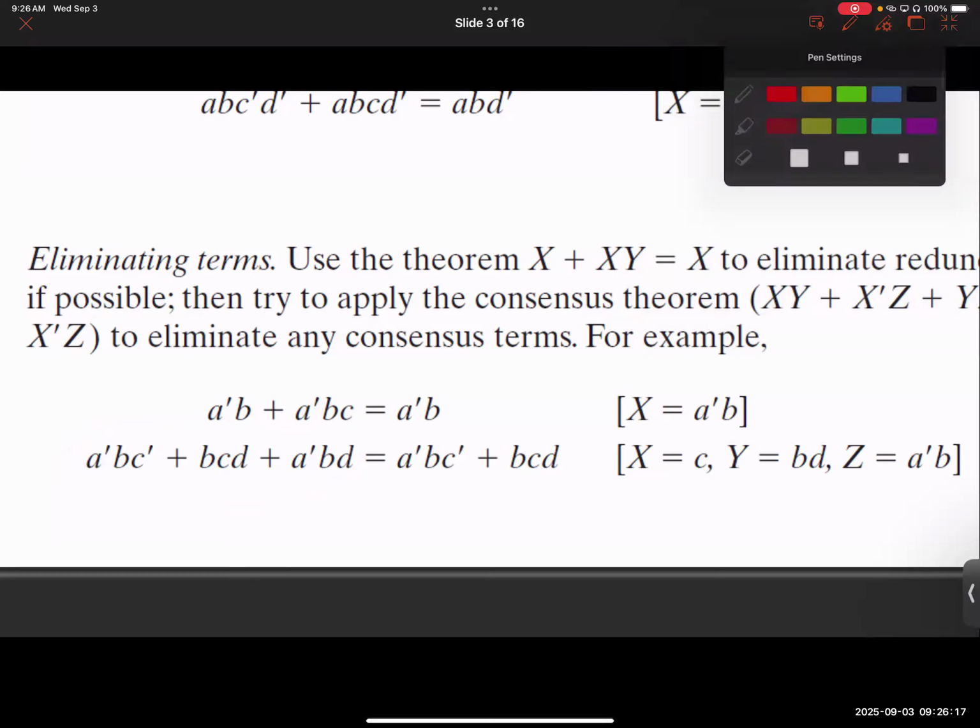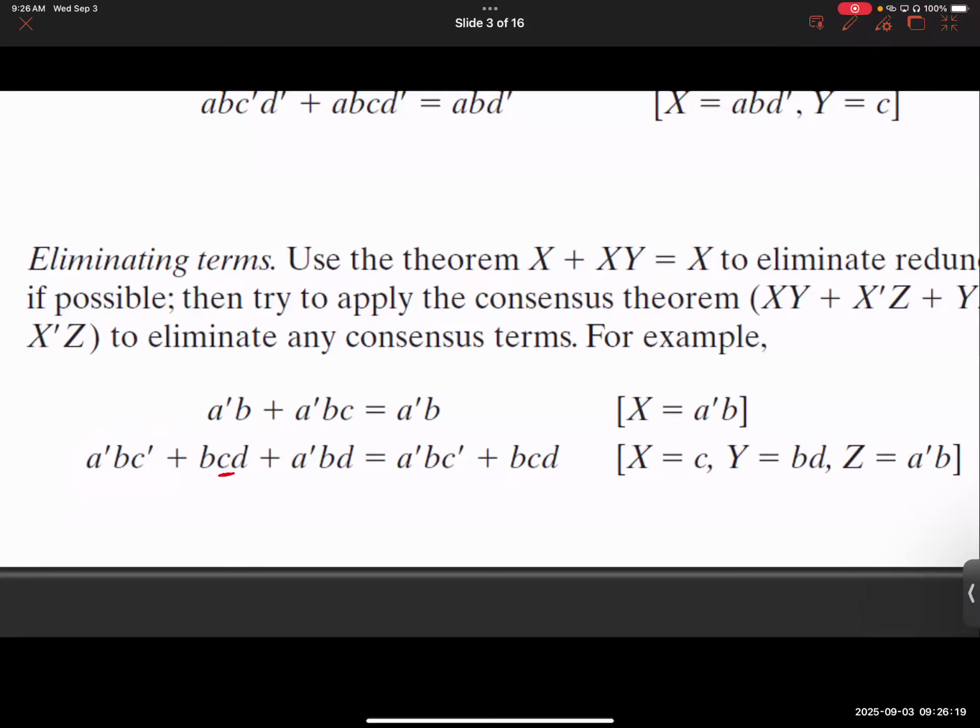Let me mark it this way. C and C prime, I found it. I'm looking at 2 variables, C and its complement. And I see whatever is there with C, like C is connected to BD, and then C prime is connected to A prime B. Do you guys all see that?